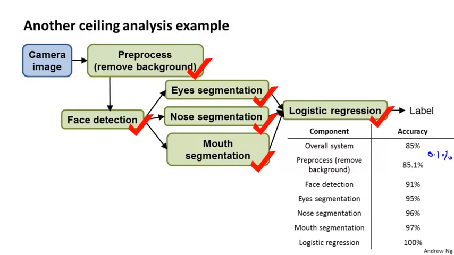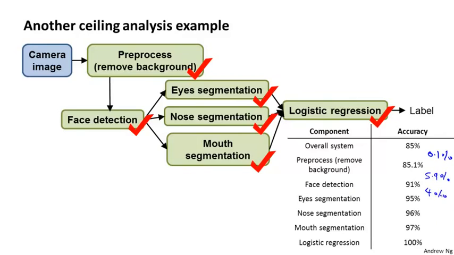And so, as I go through the system and just give more and more components the correct labels in the test set, the performance of the overall system goes up, and you can look at how much the performance went up on different steps. So, from giving it the perfect face detection, it looks like the overall performance of the system went up by 5.9%. So that's a pretty big jump. It means that maybe it's worth quite a bit of effort on better face detection.